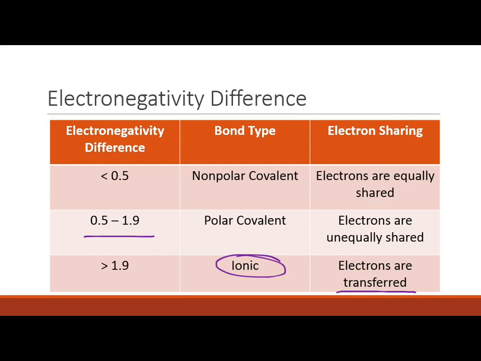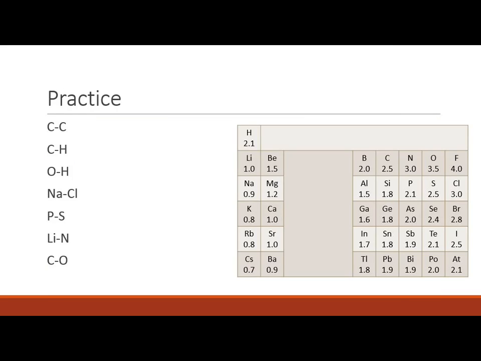So let's take a look at a few of these. Carbon paired up with a carbon: here's carbon right here, 2.5. So 2.5 minus 2.5 equals 0. What kind of bond do we have?